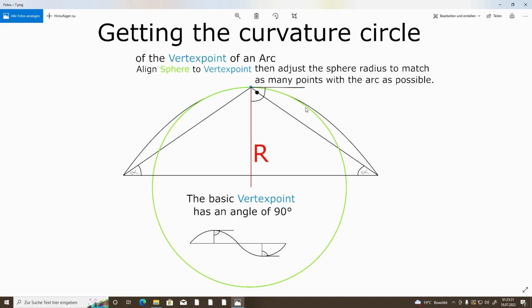So we look how big the circle can be when it goes symmetrical through the arc and still fit the arc. And yeah, then we get the curvature circle and its radius by this definition we use in this video.